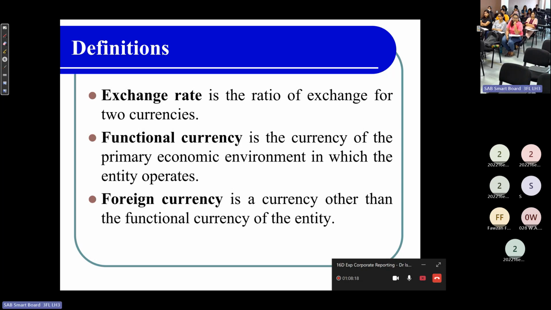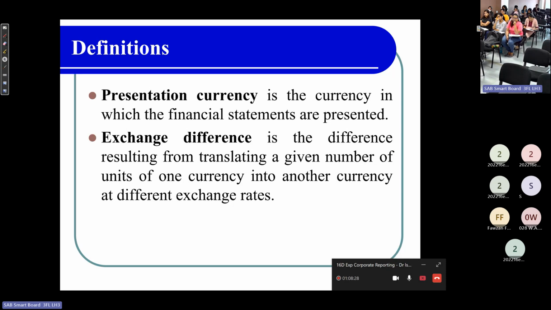Presentation currency is the currency in which financial statements are presented. Exchange difference is the difference resulting from translating a given number of units of one currency into another currency at different exchange rates.